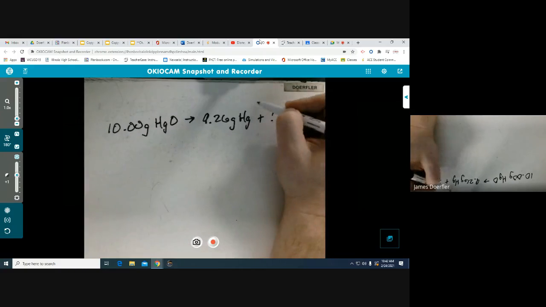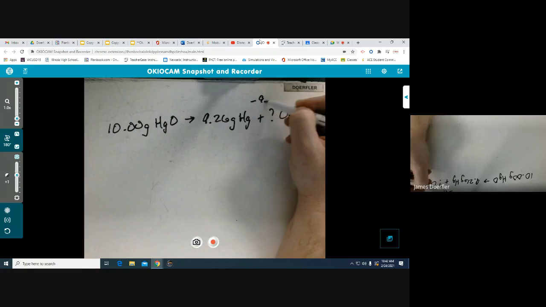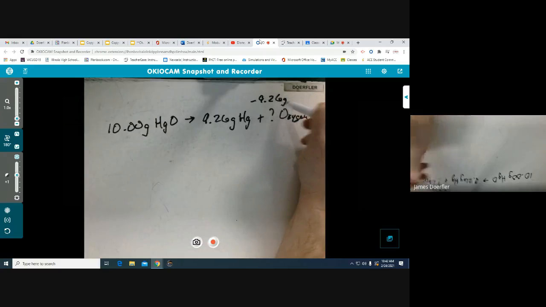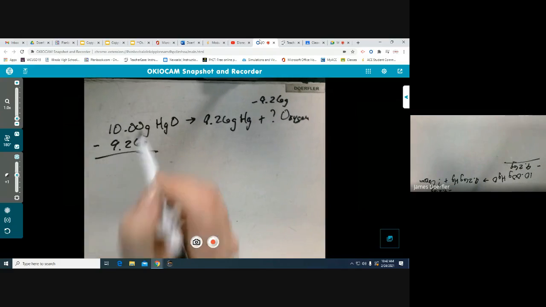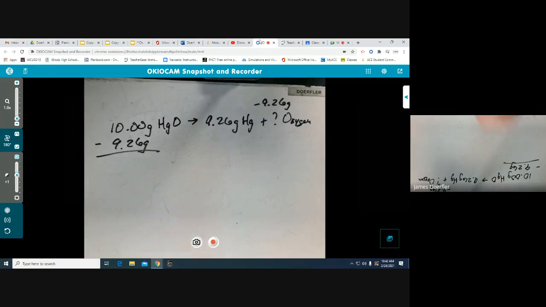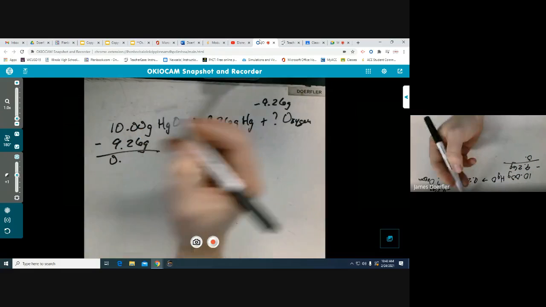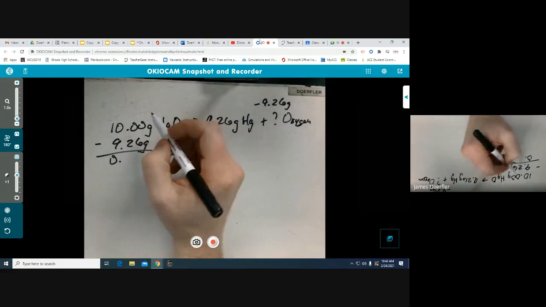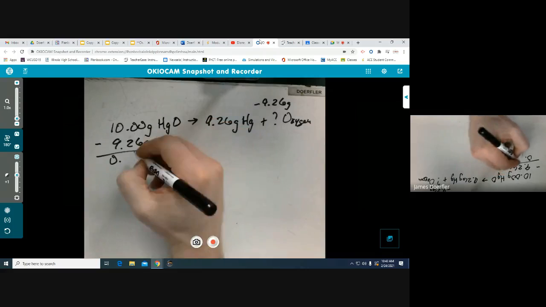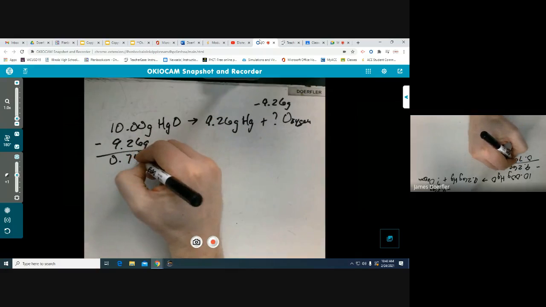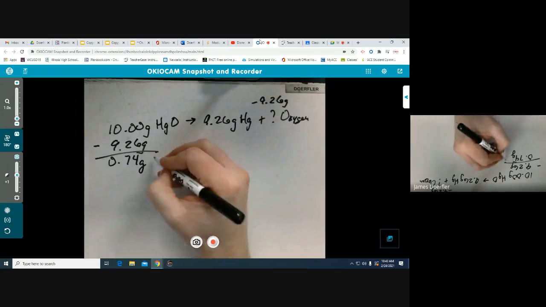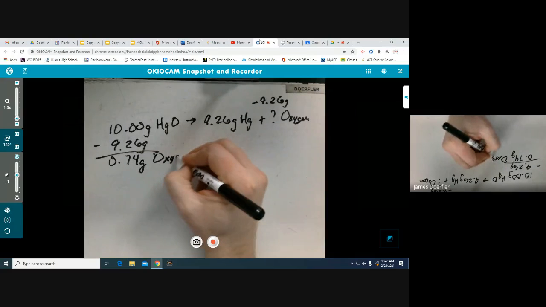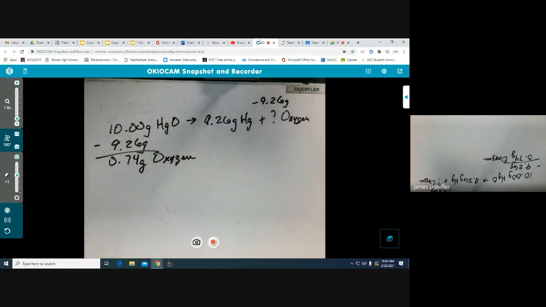I'm going to subtract both sides by 9.26 grams. And so, when I do that, 10 minus 9.26, I should have 0.74 grams. And that is how much oxygen will be produced.